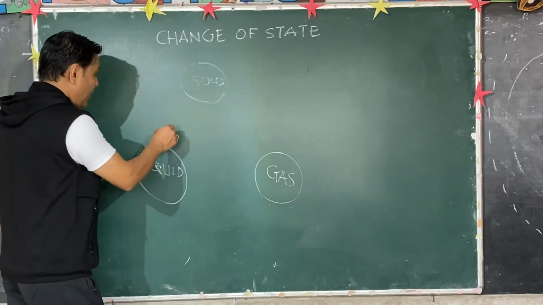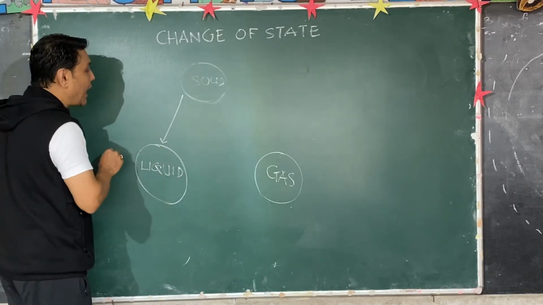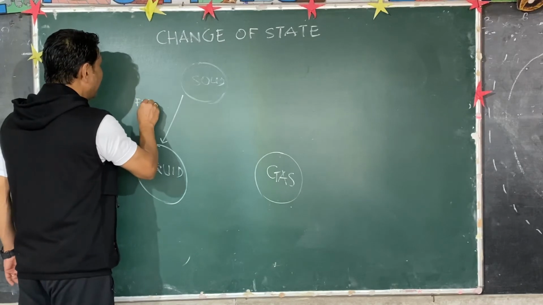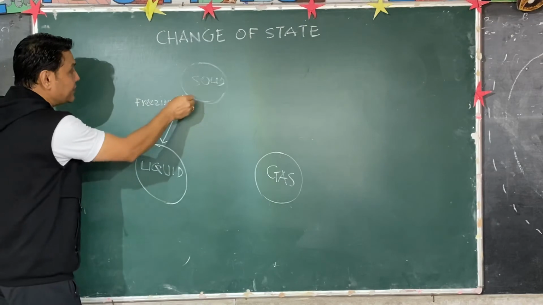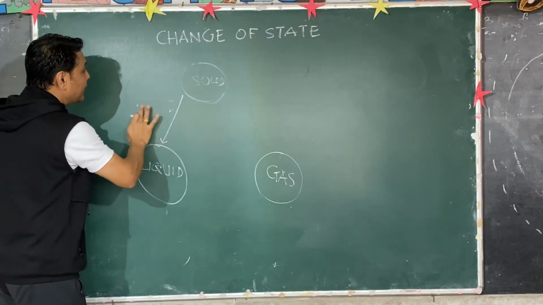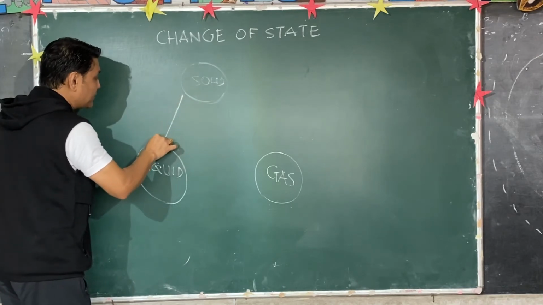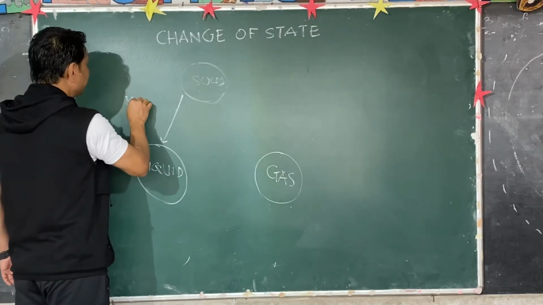Now, solid, let's say ice, we turn it into liquid. How? By heating it. Changing of solid into liquid is called melting.